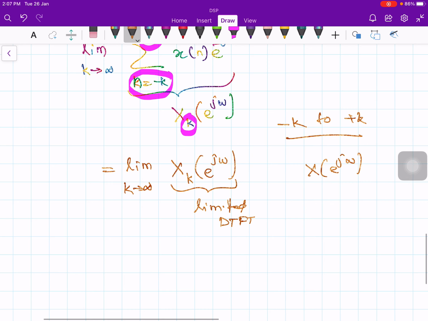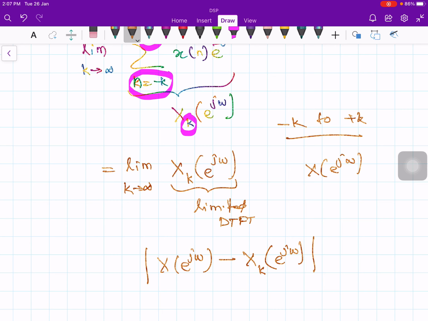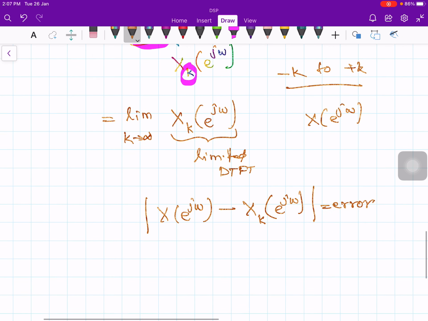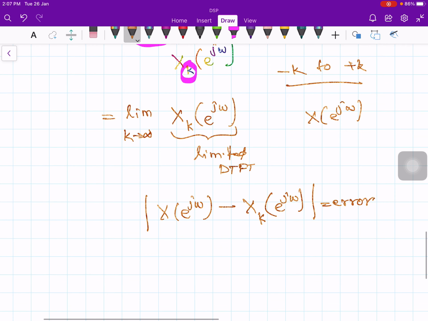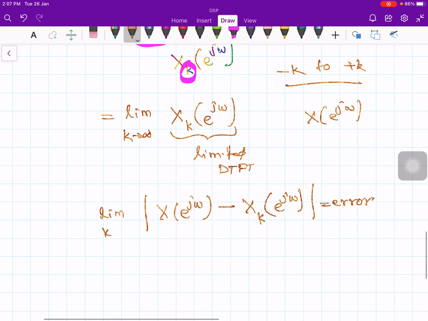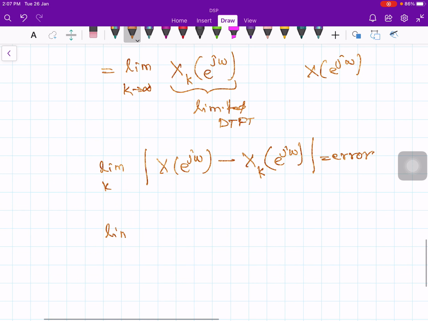So that error is the magnitude of my actual discrete time Fourier transform minus the Fourier transform of a limited, finite number of samples. Now you take the limit: limit k goes to infinity of x of e to the j omega minus x suffix k of e to the j omega. Then what do you think this is going to be?